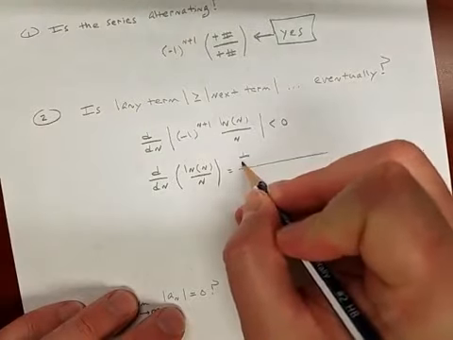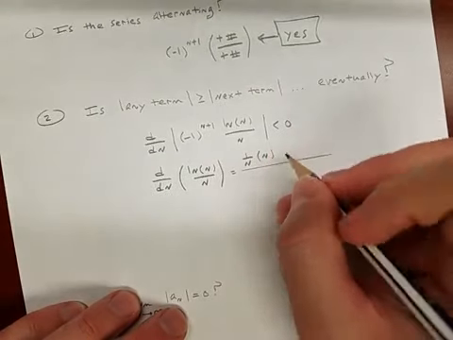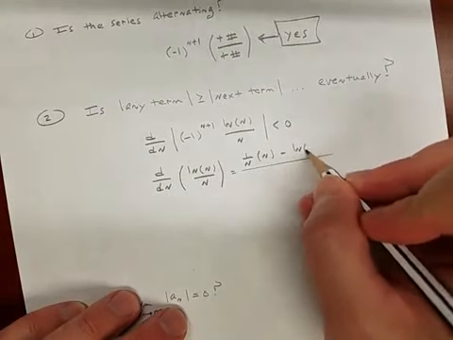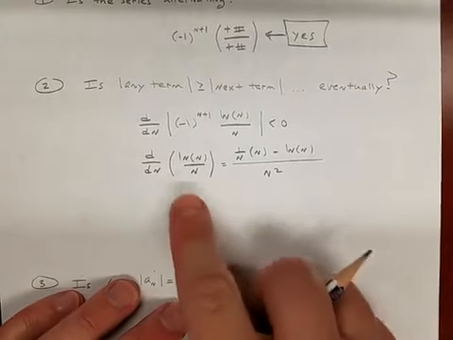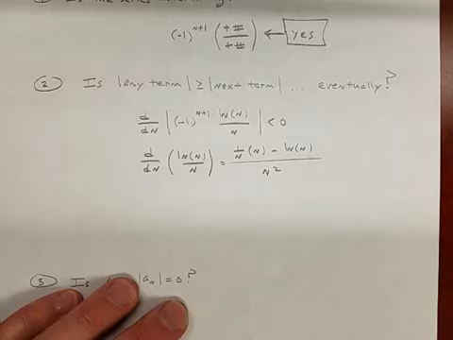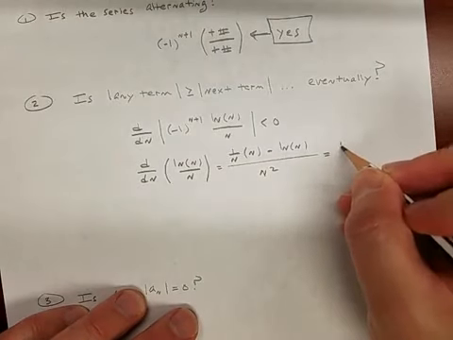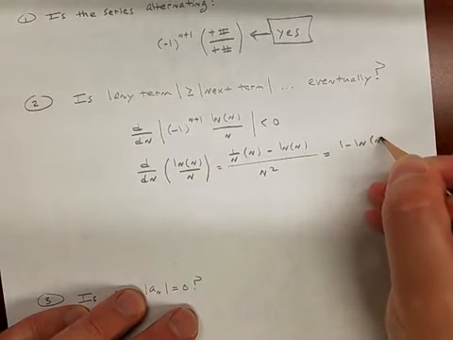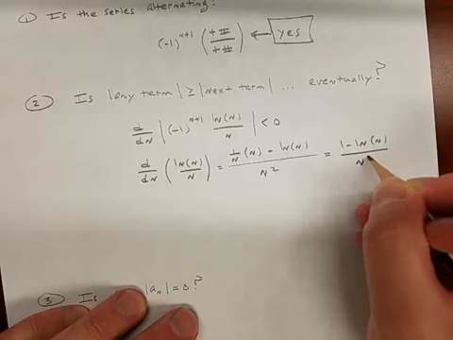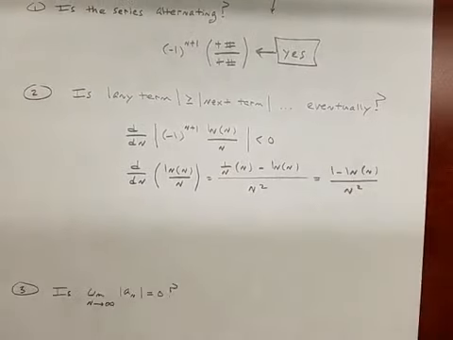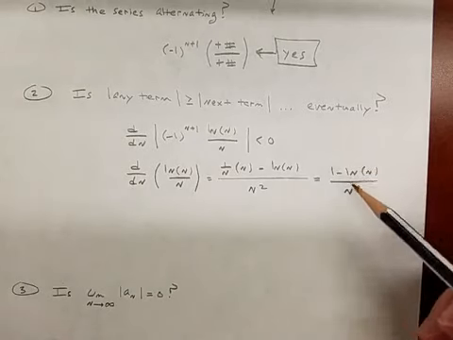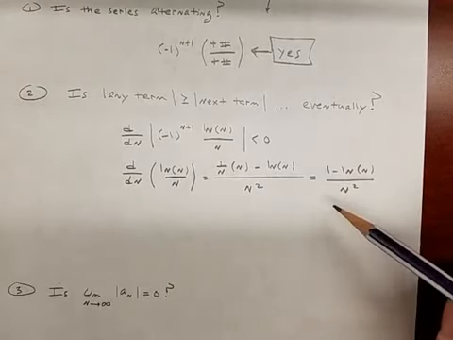It's 1 over n times n minus natural log of n over n squared. There's the quotient rule, derivative of natural log of n over n. That's going to be 1 minus natural log of n over n squared. And I need to figure out or show somehow that is in fact negative.